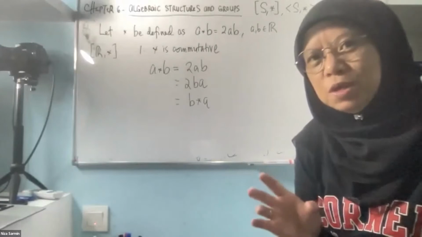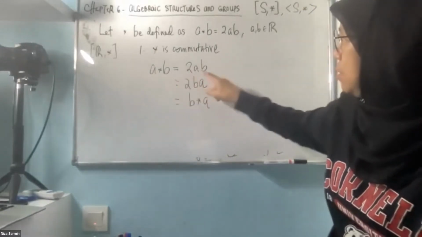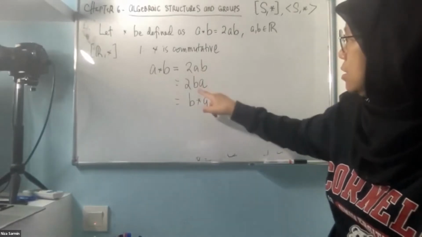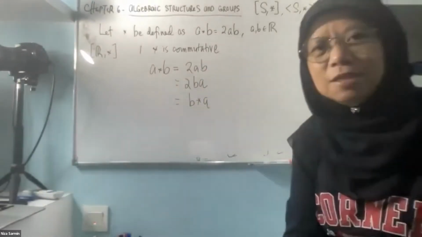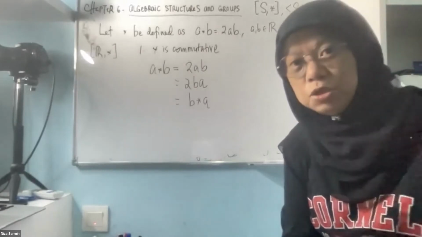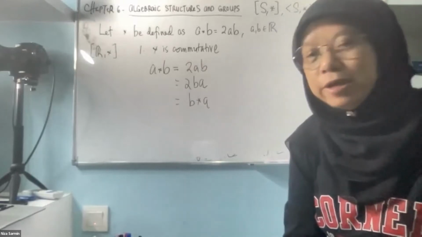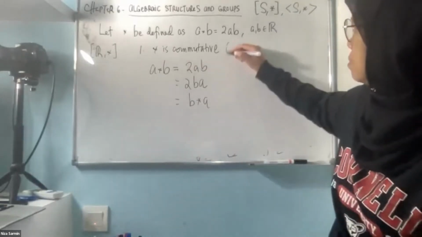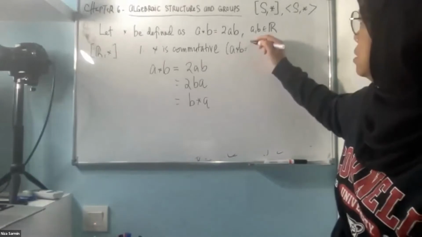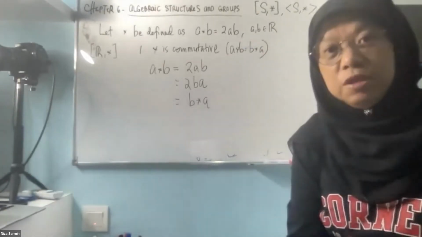If you are not sure how you can switch over here, you will write A star B is this, B star A is this, then this is equal to this, is also okay. But the intelligent way is to start from the left, do something, and stop on the right. You want to show A star B is B star A. It's also associative.